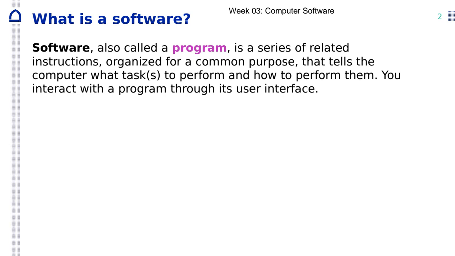Very good. So it is a series of related instructions organized for a common objective to produce something useful. Could be application, could be utility. It will tell the computer how to perform. This is your language with the computer, the program.